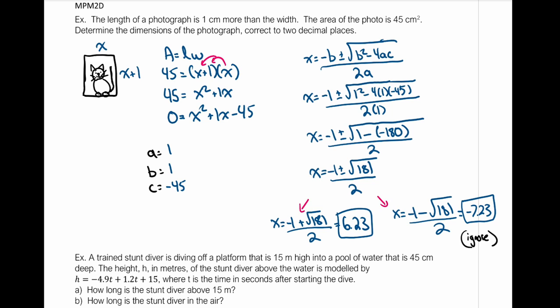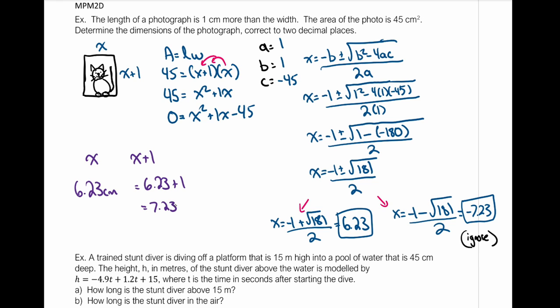So then that means, in terms of my actual scenario, my two dimensions, one is x and one is x plus 1. So my one dimension is 6.23 centimeters, and my other dimension is 6.23 plus 1, or 7.23 centimeters.